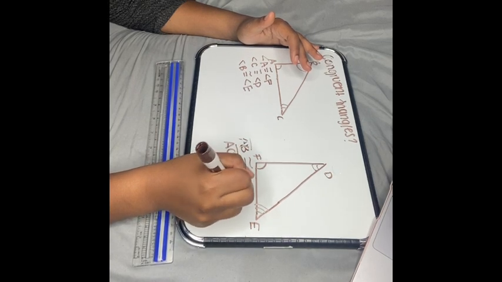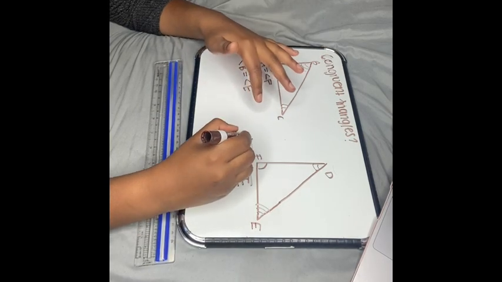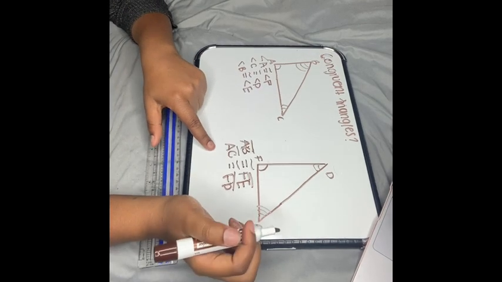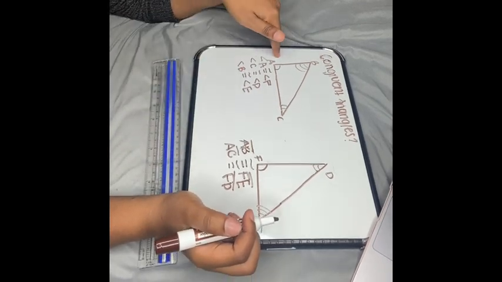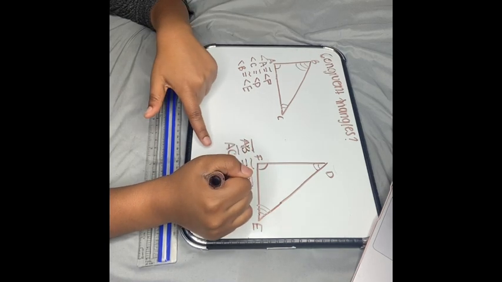And we also need to make sure that the angles that correspond with each other are also corresponding in the place that they're written in the line segments. For example, AC, FD. Angle A and angle F correspond with each other, so we need A and F to be the first ones written.